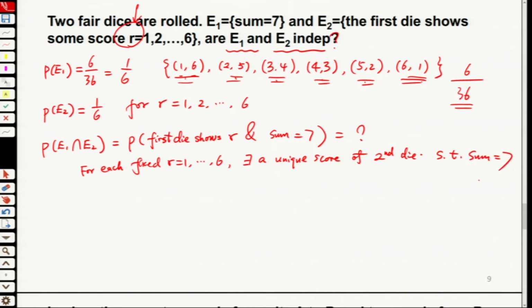For example, if the first die shows up 1, the second die has to show up 6 so that the sum equals 7.